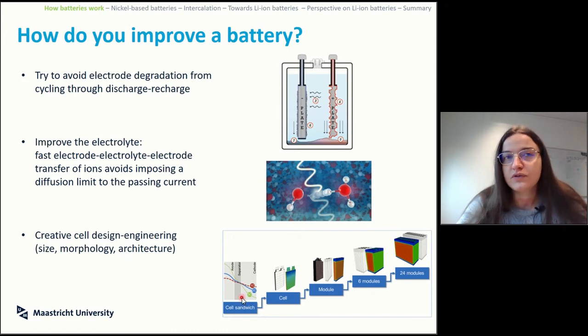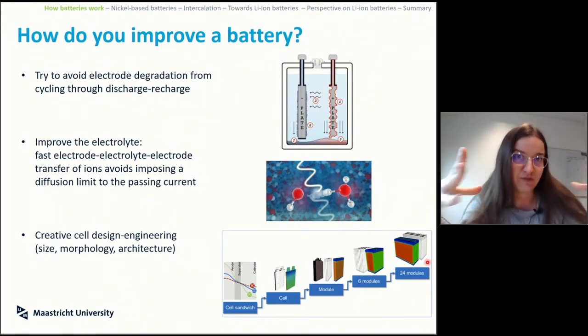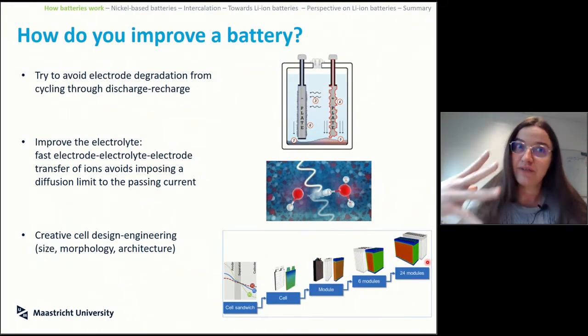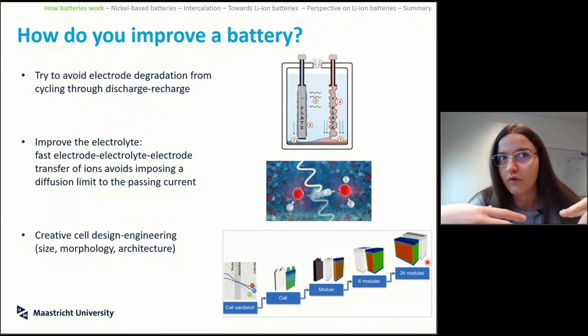And of course, no one really uses one electrochemical cell. Depending on how clever you are in building up a module of connection of different electrochemical cells, you will have a different amount of charges per unit of volume.